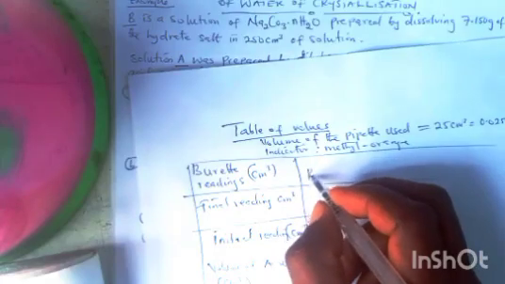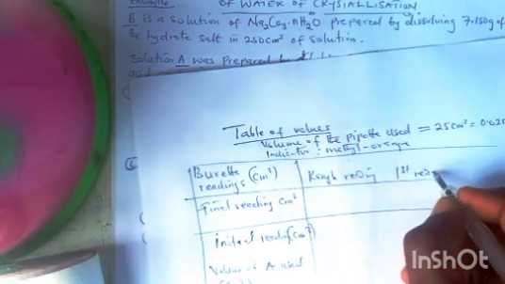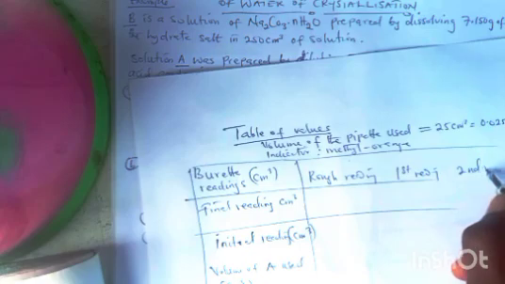So we have the rough reading, the first reading, and the second reading.